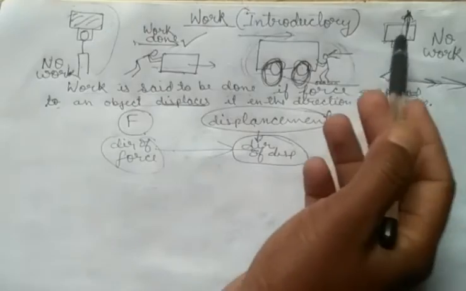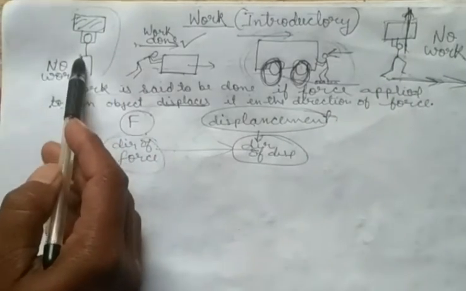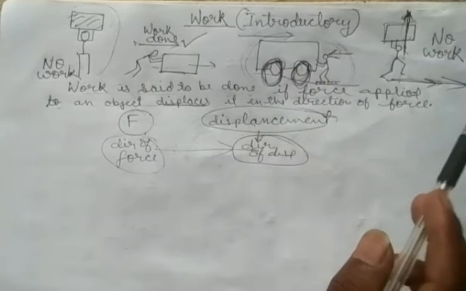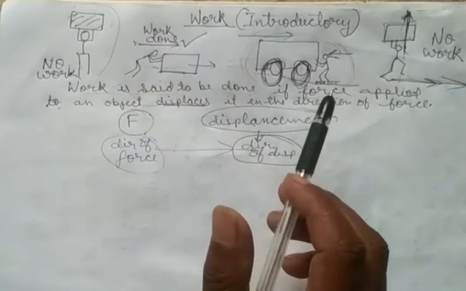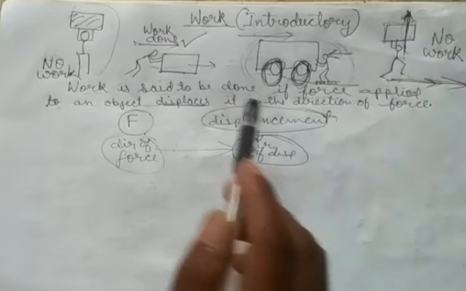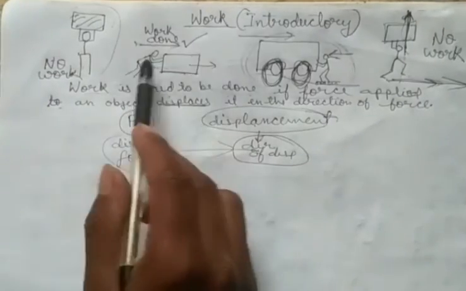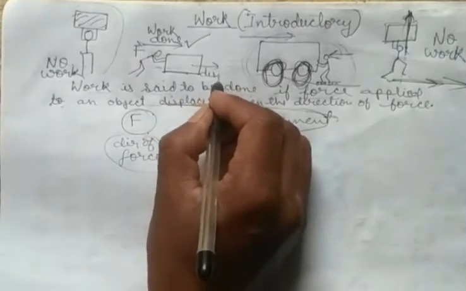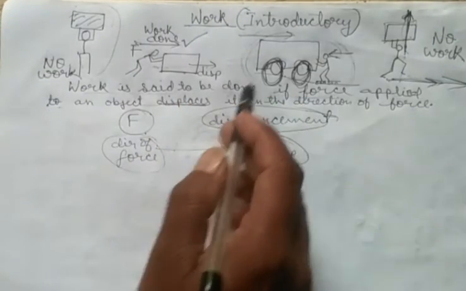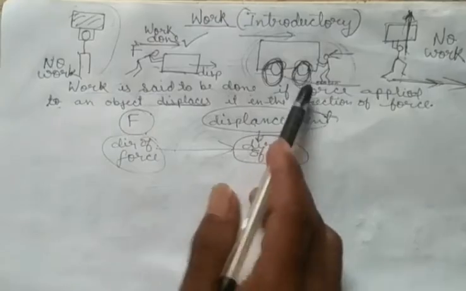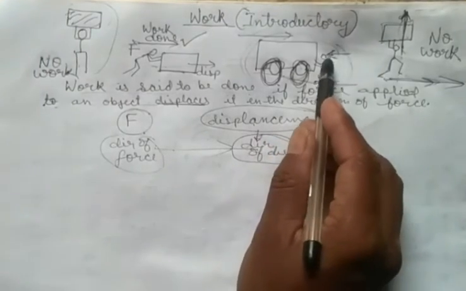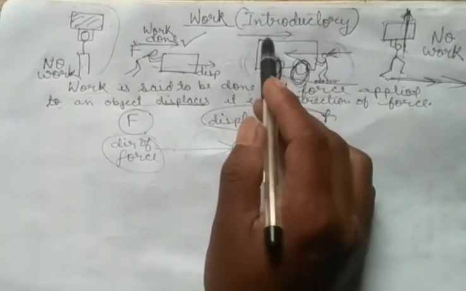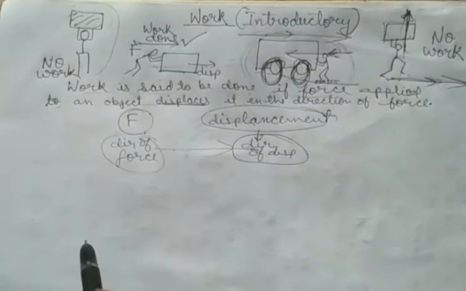Physically we are doing work, but according to physics, we are not doing work. Work done should be considered if force and displacement are in the same direction. But here, in this case, force is being applied this way and displacement is that way.